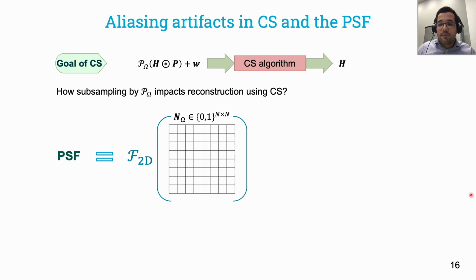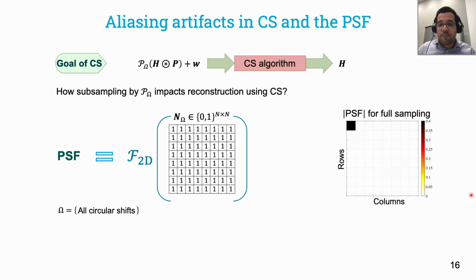Now, what if the set omega is such that you sample all the locations? Well, in that case, the matrix is an all-1 matrix, and the PSF, which is equal to the 2D DFT of an all-1 matrix here, is a Dirac function. This means that if I'm at a certain beam space location, I create 0 interference to my neighbors.